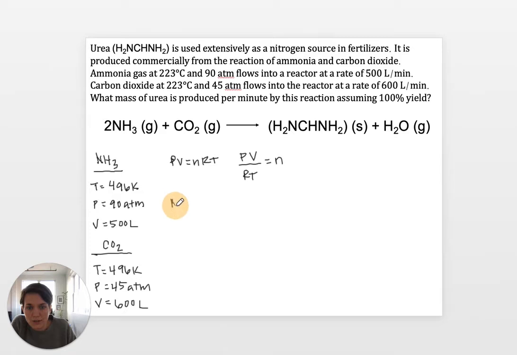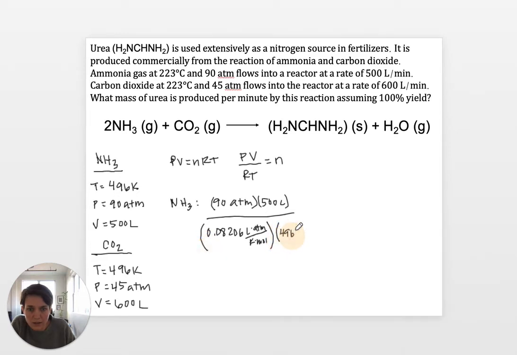So for NH3, we have our 90 atmospheres times our volume of 500 liters, divided by R, 0.08206 liter atmosphere per Kelvin mole, don't forget your units, times the temperature, 496 K. Plug that into your calculator.